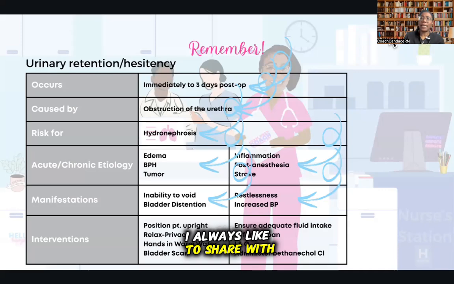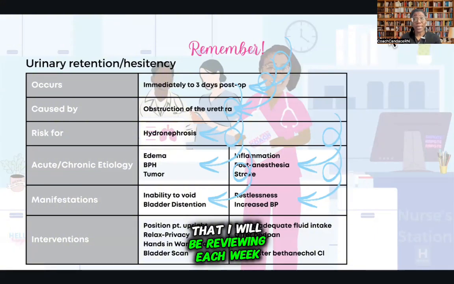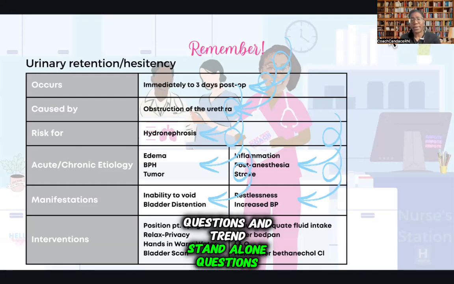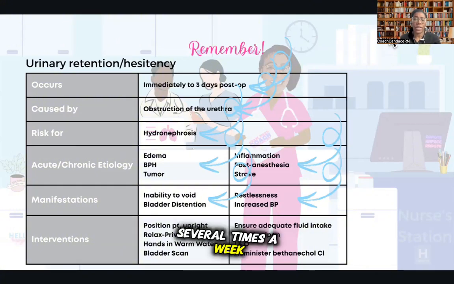And then finally, I always like to share with you a couple of medications that you might see in these different conditions that I will be reviewing each week. We'll be dropping a new NCLEX Next Gen scenario question, as well as these bow tie questions and trend standalone questions just several times a week. All right.